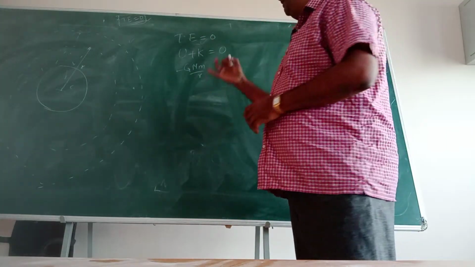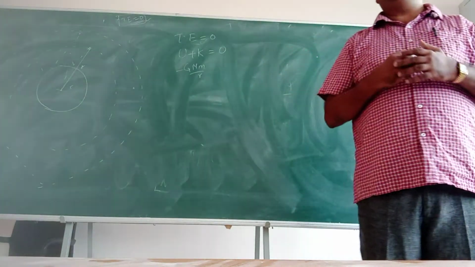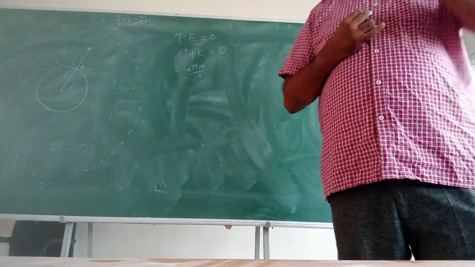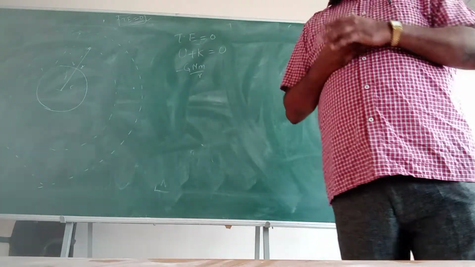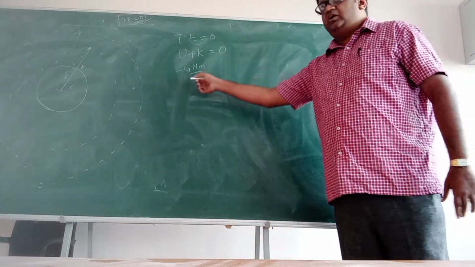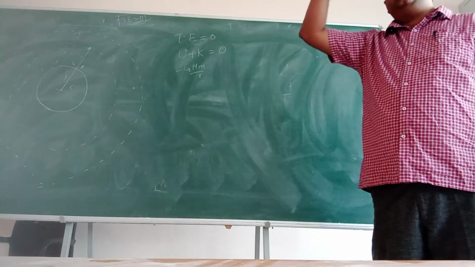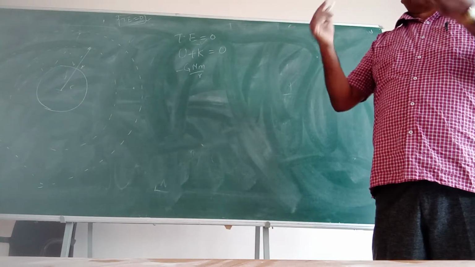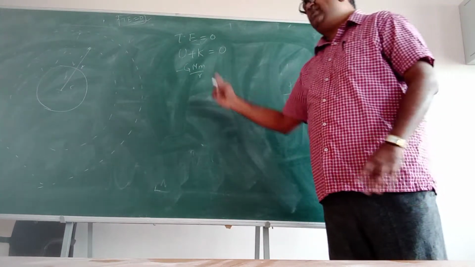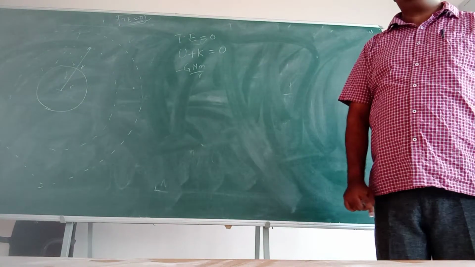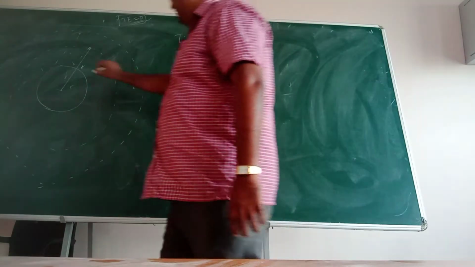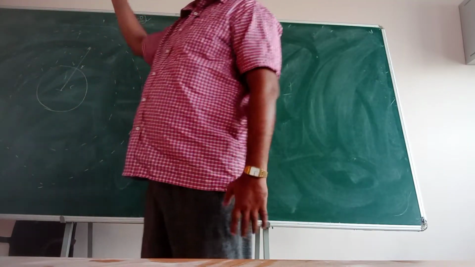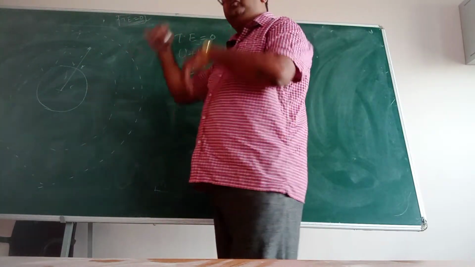Always remember, when you are calculating potential energy, in the denominator you will get R, not R square. When you are calculating force, you get R square. So, plus, let us say from the Earth's surface you have projected a missile or a satellite with some speed.